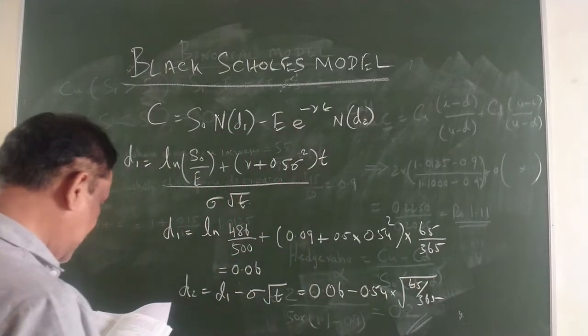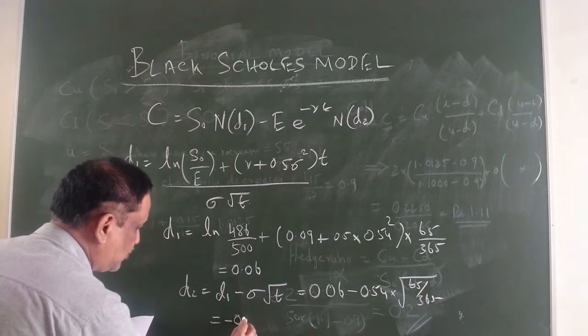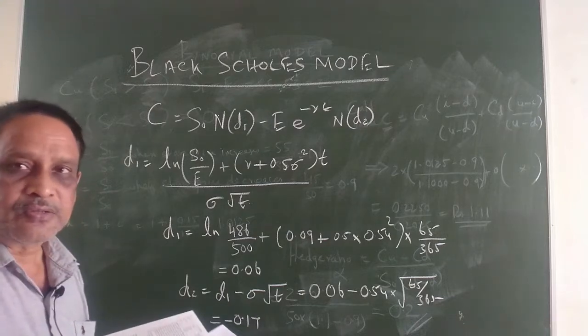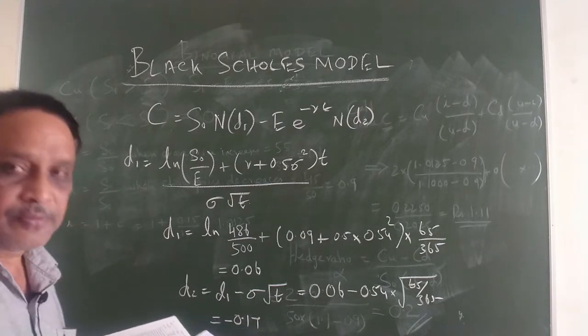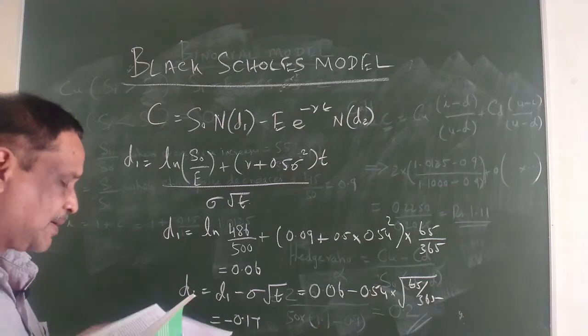You will be getting a value of minus 0.117. So we have got the values for d1 and d2.